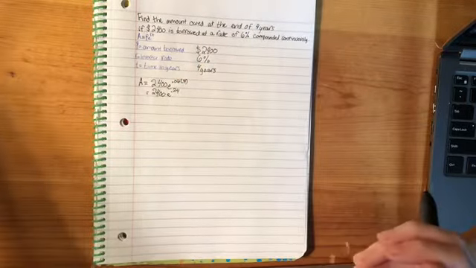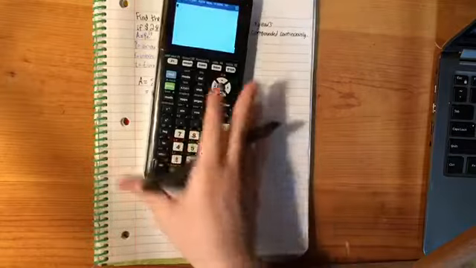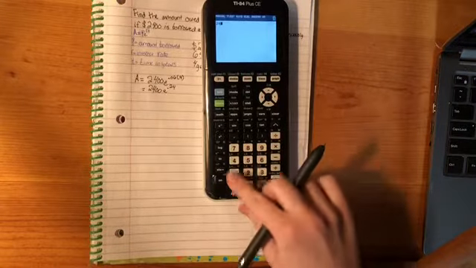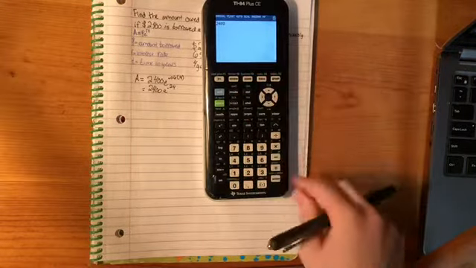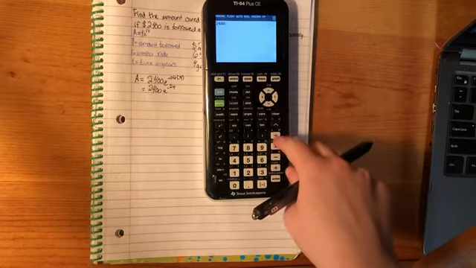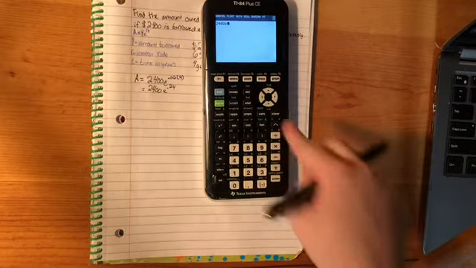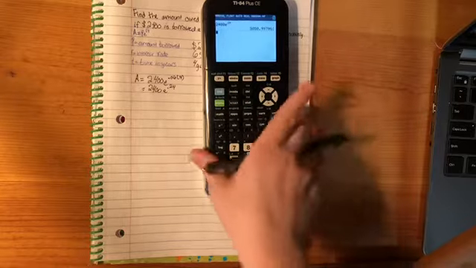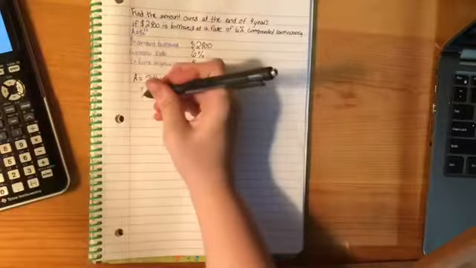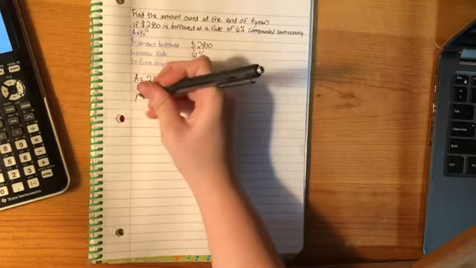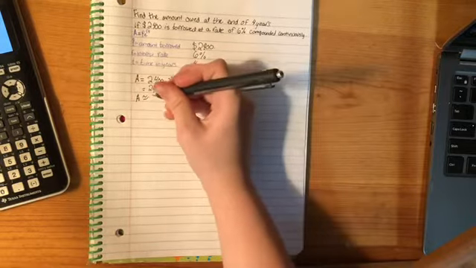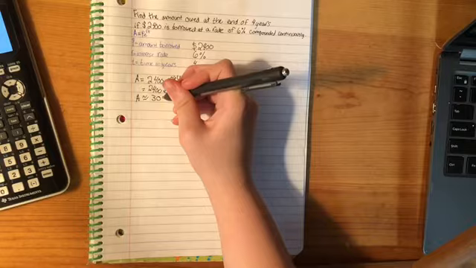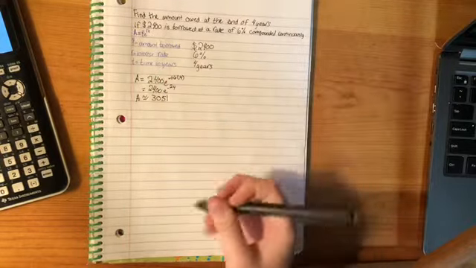Now we're going to plug this into our calculator. 2,400. Now there's an e button right here. It might be different on your calculator, but we're going to push that. Raised to the 0.24th power, which is going to give us our answer. So A is approximately $3,051.